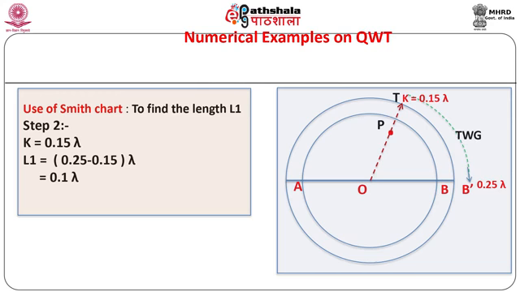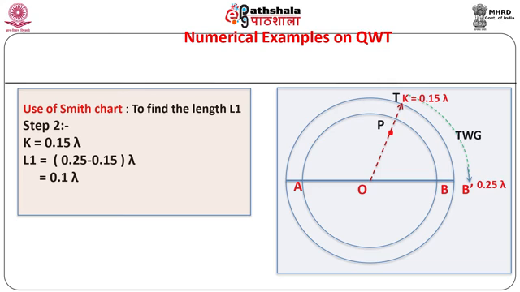From point T, move on the distance scale to reach the point B of the Smith chart in the direction towards the generator. The total radial distance traversed in this way from T to reach B gives the value of required length L1. Note that L1 and L2 are to be calculated by using the formulae as shown.